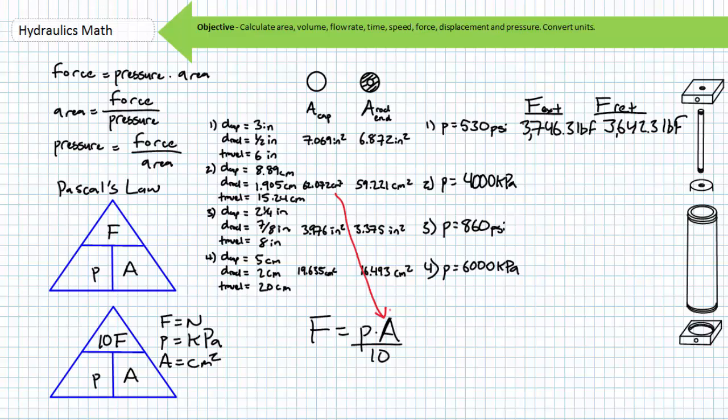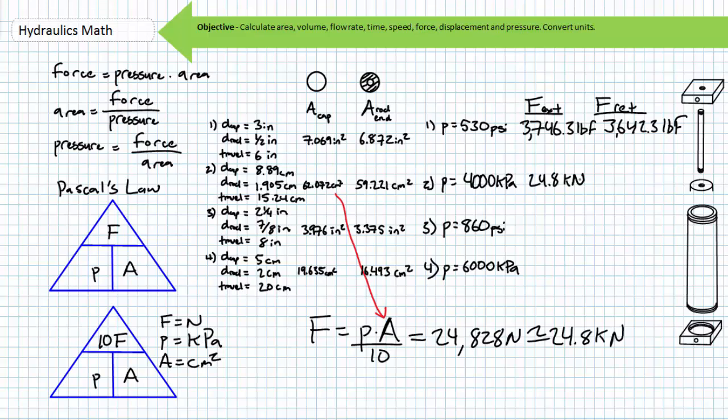Given this example is presented in quasi-SI metric units, we need to account for conversions between pascals and kilopascals and square centimeters and square meters by incorporating a 10 into our 3-variable relationship when pressure is measured in units of kilopascals and area is measured in units of square centimeters. At extension, the functional area is the full cap face.